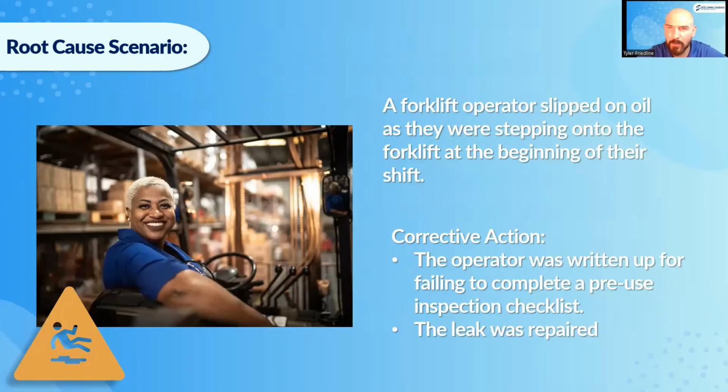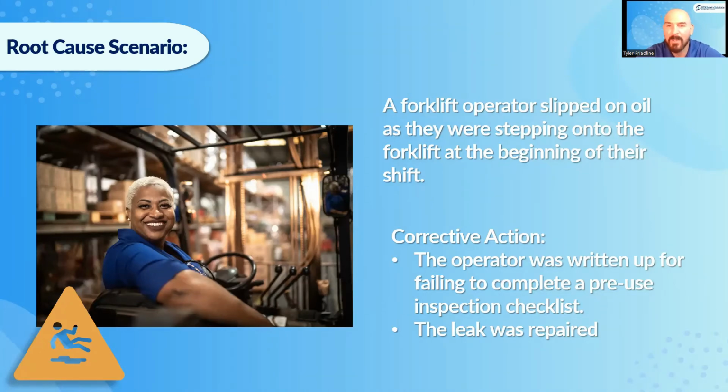In this case, a forklift operator slipped as they were stepping onto the forklift at the beginning of their shift, and they slipped on some oil, right? The corrective action was the operator was written up because they didn't complete a previous inspection checklist, and the leak was repaired, right? Those corrective actions are not dealing with root causes, and hopefully you see that now.